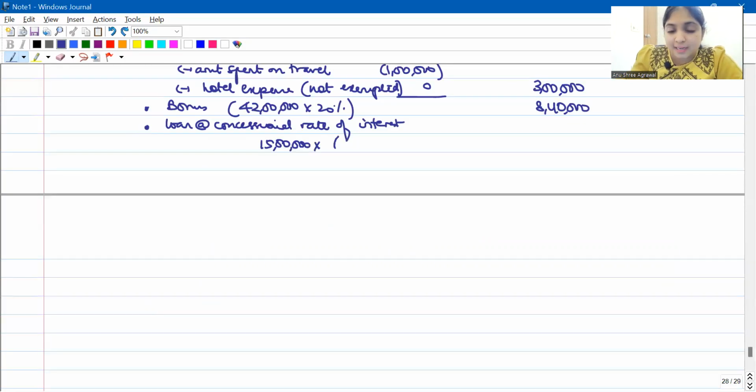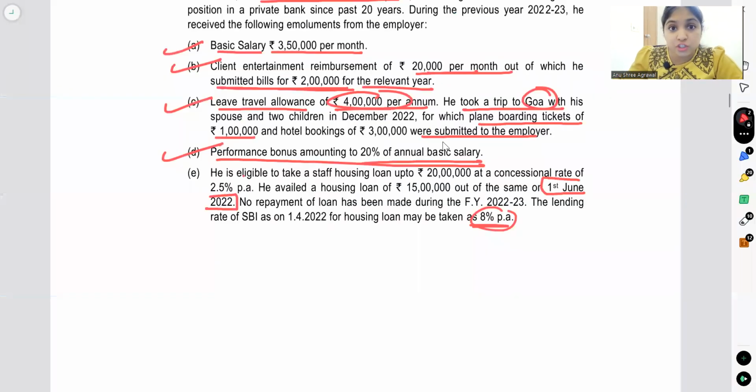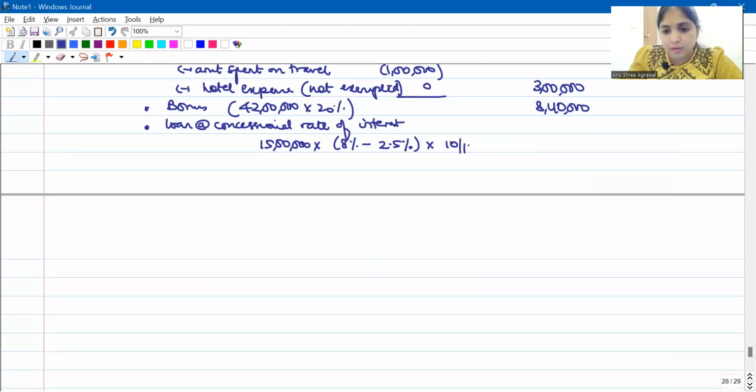The SBI lending rate is 8% minus what are you paying? 2.5%. So this is the concession you are enjoying. You took the loan only on 1st June. So you're going to calculate only for 10 months. How much is this going to be? Do you get 68,750? That's going to be the taxable value of the perquisite, guys.